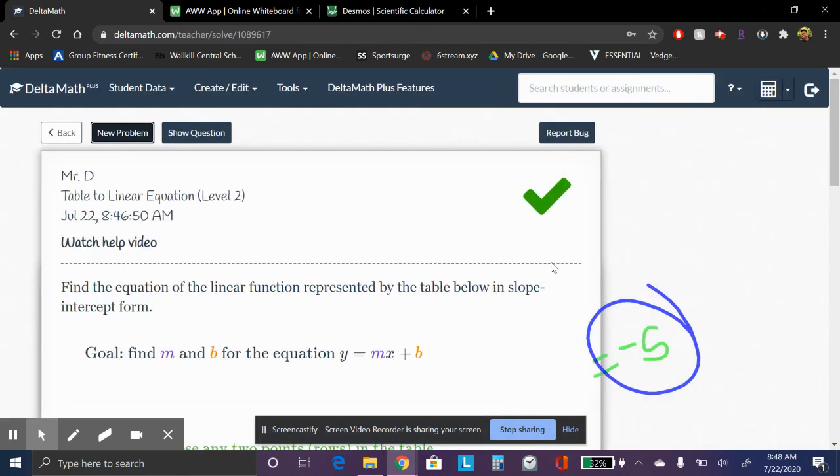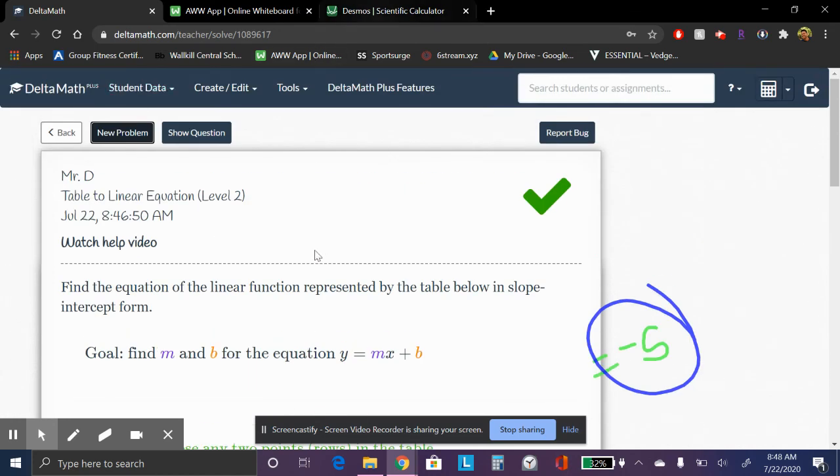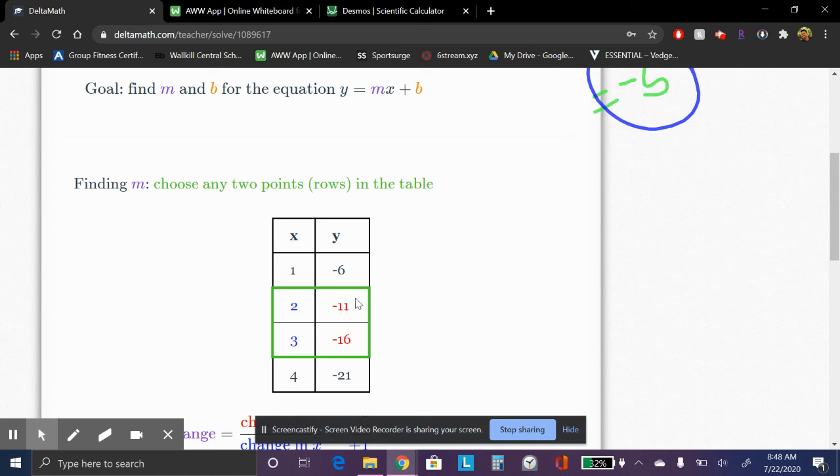And there we go. So again, use the calculator if you're having trouble figuring out the trend. Okay, you notice, okay, this is going down 5. It's just minus the bottom number from the top number. That's how you would figure out the change in the y values.